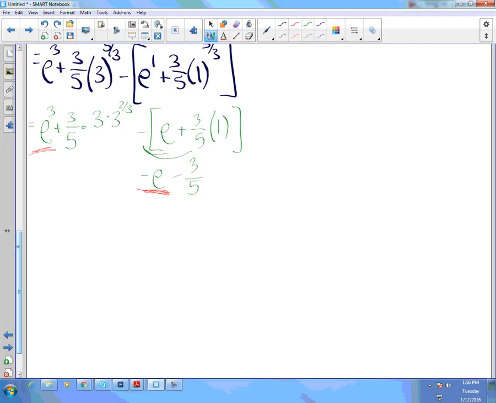So we actually can't combine those. E cubed minus e to the first power. This becomes 9/5. Oh, we both have a negative 3/5. Plus, so we have 9/5 times 3 to the 2/3 minus 3/5.